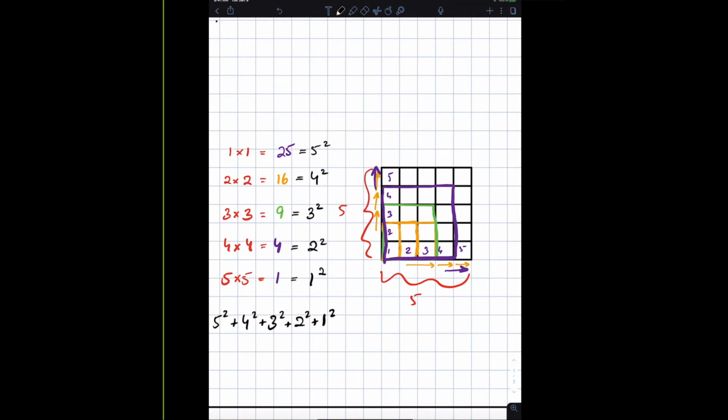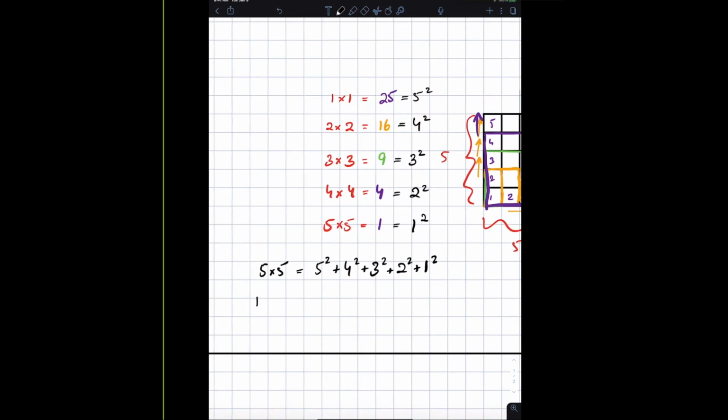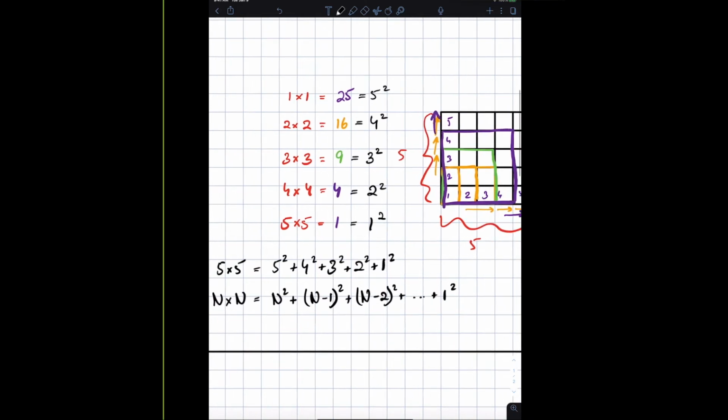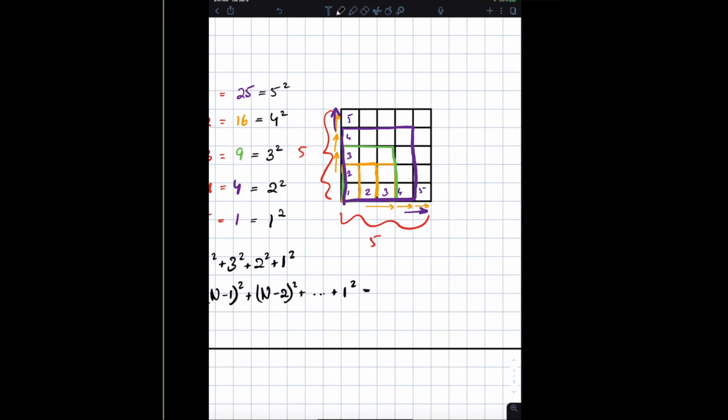So in general, for an n by n grid, the number of squares is given by n squared plus (n minus 1) squared plus (n minus 2) squared all the way up to 1 squared, which can be abbreviated and written as the summation from i equals 1 to n of i squared.